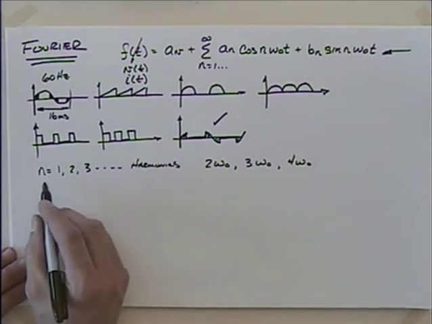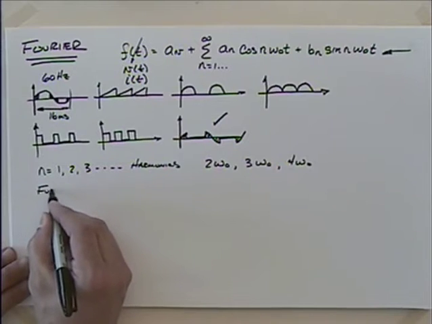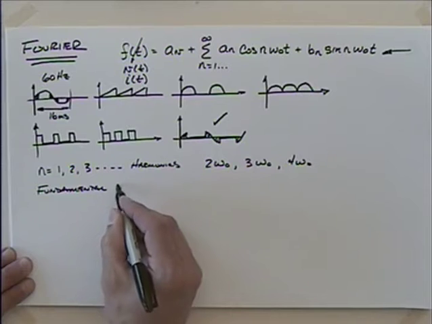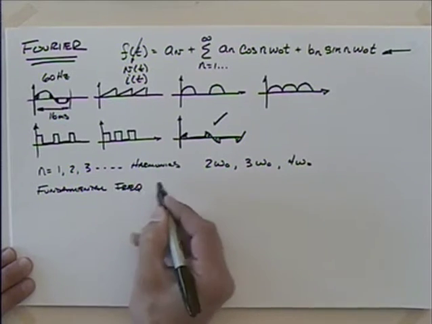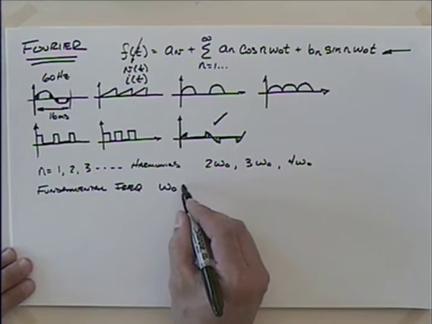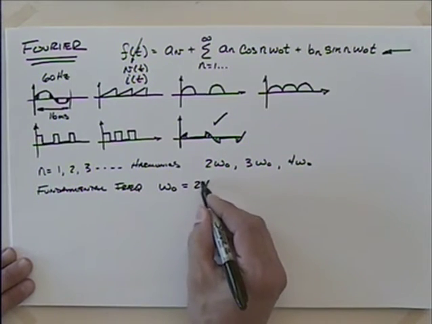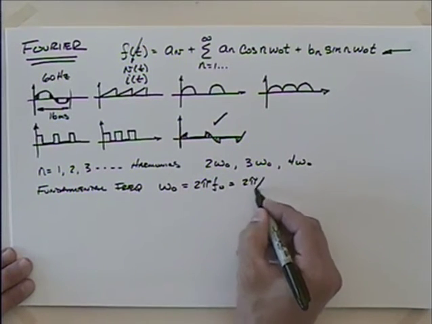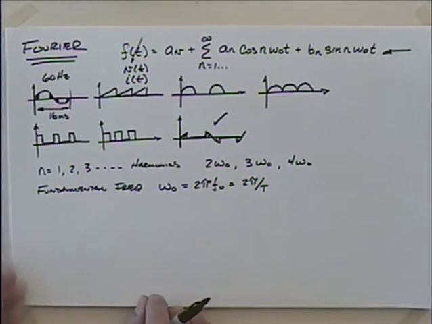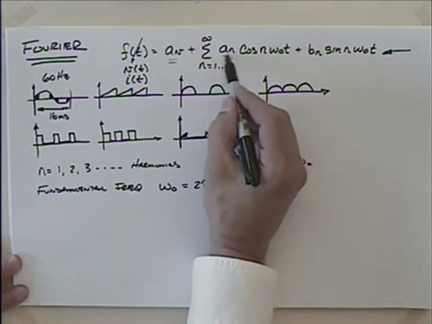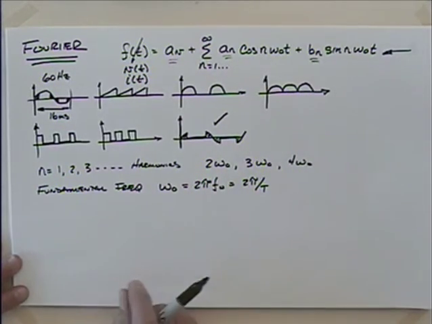If we look at the fundamental frequency, the fundamental frequency is just going to be based on omega naught, which, remember, is equal to 2 pi times f naught, or equal to 2 pi divided by the period. Most of our work in here will be in calculating the A sub v, the average value, and then A sub n and B sub n.